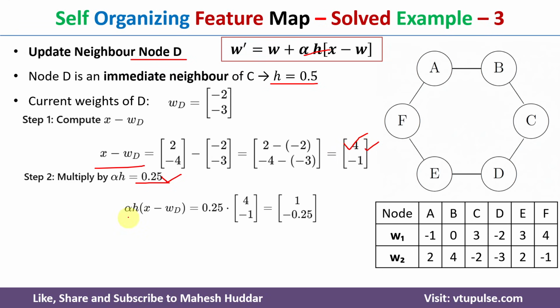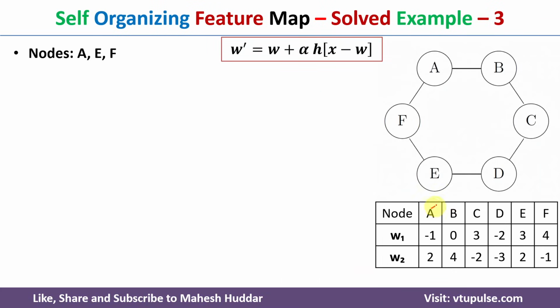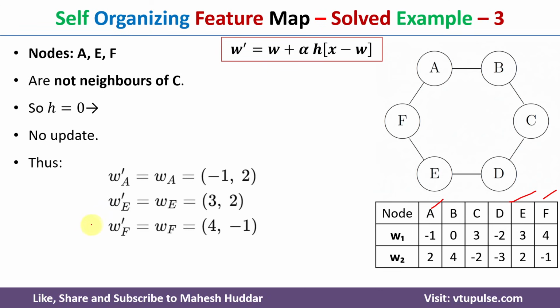We will get alpha H into X minus WD as 1 and -0.25. After that, we need to add old weights. Next, we will get the new weights as -1 and -3.25. So, for nodes A, E and F, the H value will be 0 because these are not neighbor nodes of C. So, weights will be as they are.